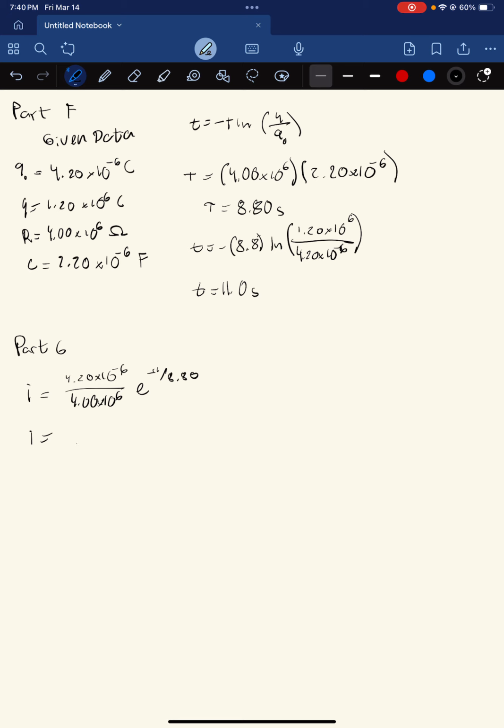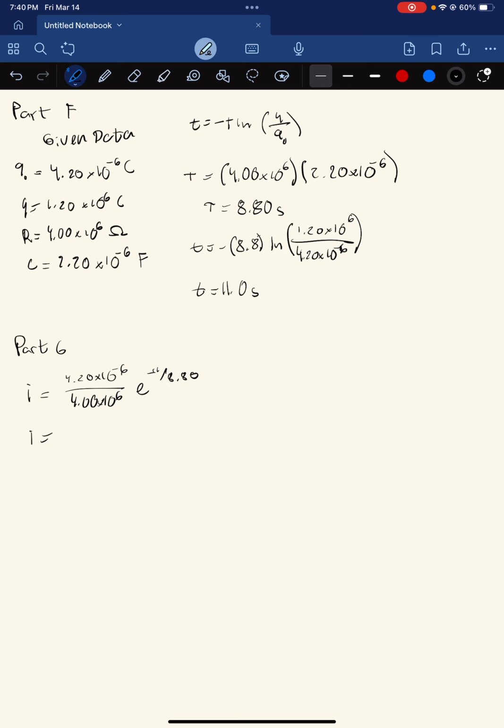Alright, let's get everything on the calculator, to be honest, so we cut time and can do it shorter. e to the negative 18 over 8.8.